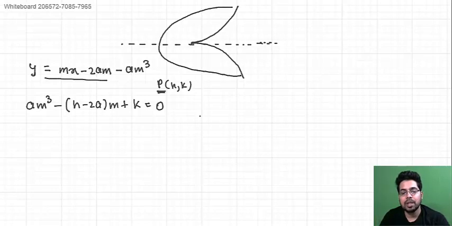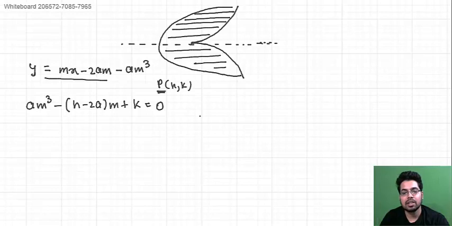According to this property, if this shaded part is my region A, and this curve is my region B, and this vertically shaded region extended up till infinity is my region C.